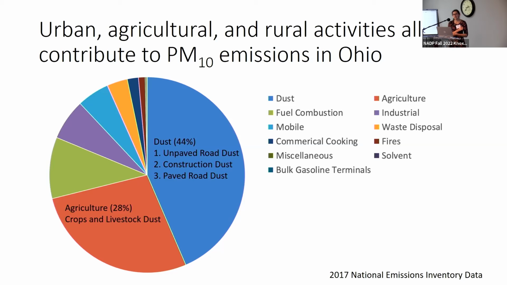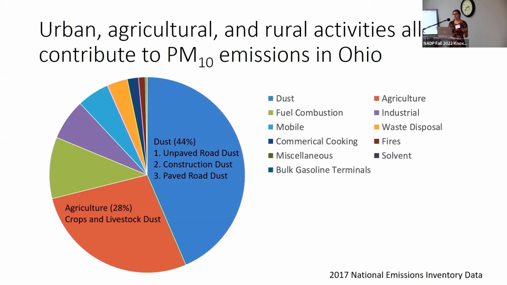We can see that the two largest sources here are dust and agriculture. In the dust, we're seeing construction dust and paved road dust, more urban activities, but also really important unpaved road dust. And then of course, agriculture being the emission sources in rural areas.